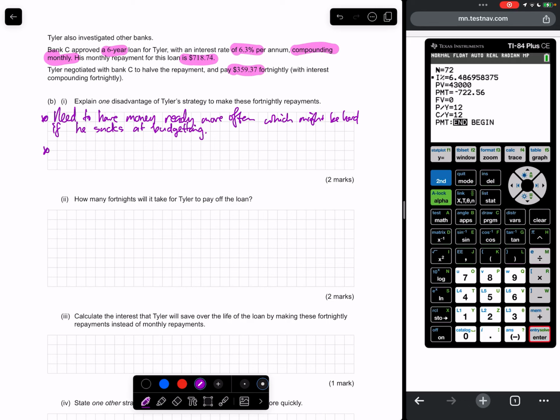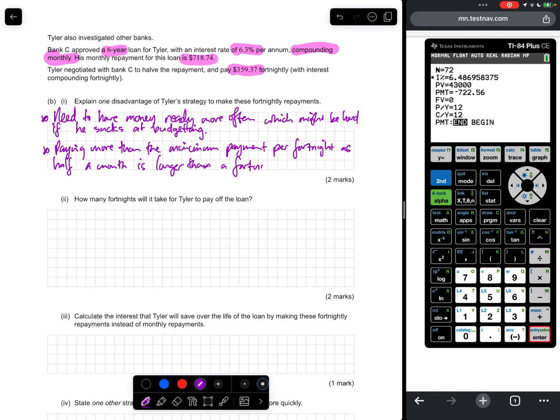If you're doing half of the monthly repayment, you're paying more than the minimum payment per fortnight, as half a month is longer than a fortnight.